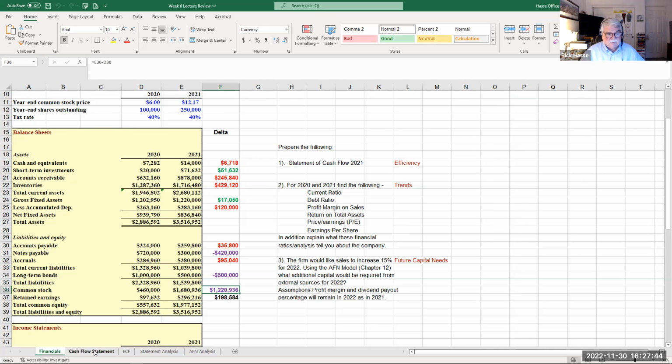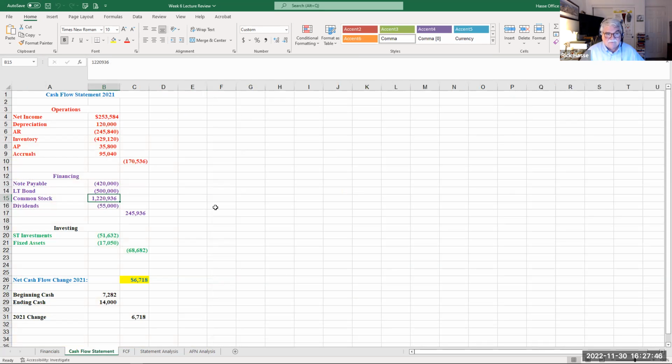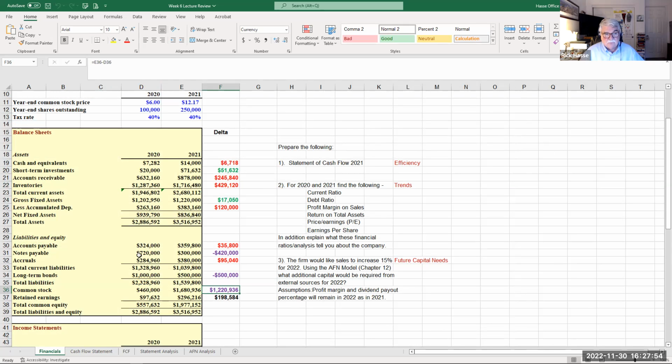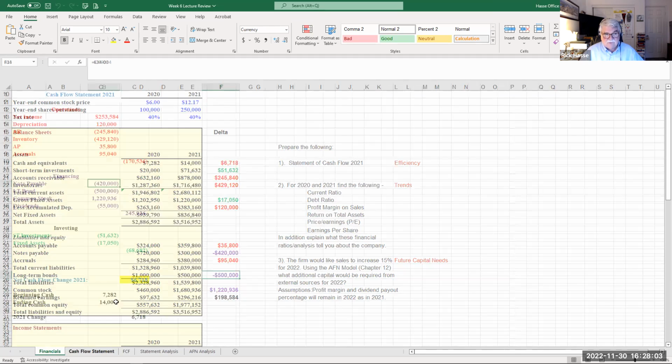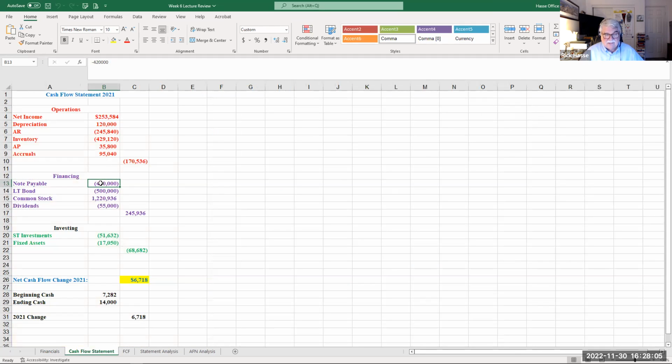So with all that cash coming in right here as common stock, what did they do with some of that money? Well, it looks like they paid off some debt, paid off note payable, reducing the note payable balance by 420,000, and they paid off long-term bonds, reducing that by 500,000. So they took some of that money and it helped out the deficits in operations and investing, but also it helped out paying off some of their old debt.